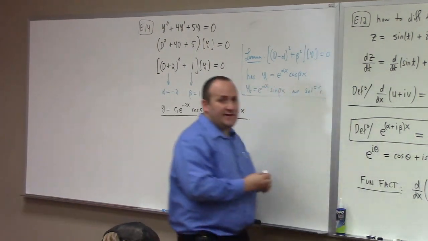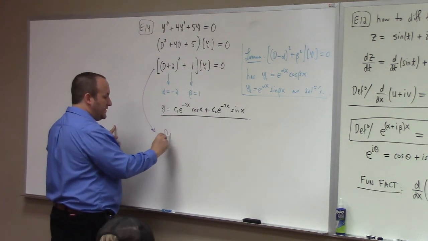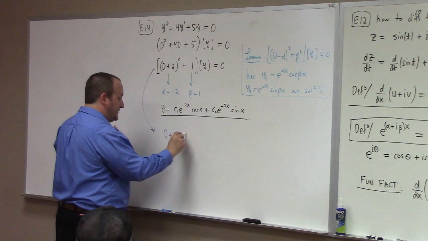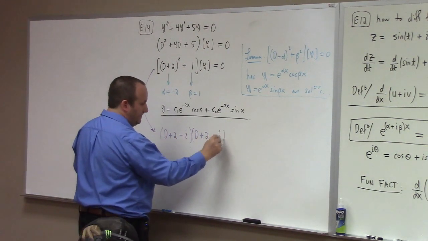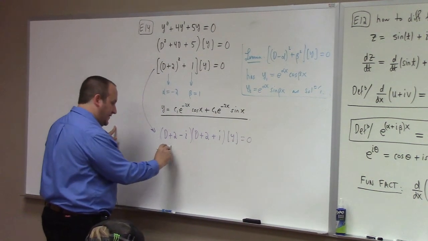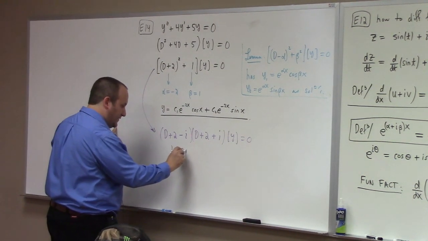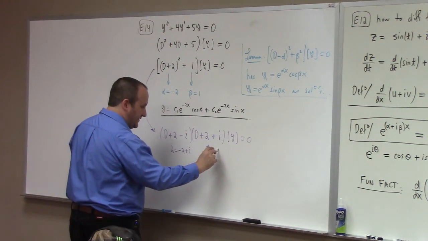The internal logic of that is this complex solution business. So this is really (D plus 2 minus i) times (D plus 2 plus i). So in other words, I've got lambda equals minus 2 plus i, or lambda conjugate, which is minus 2 minus i.